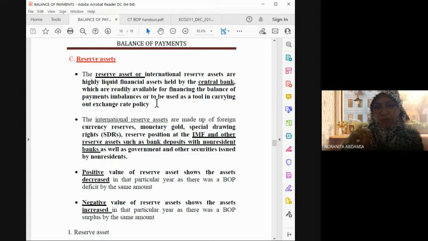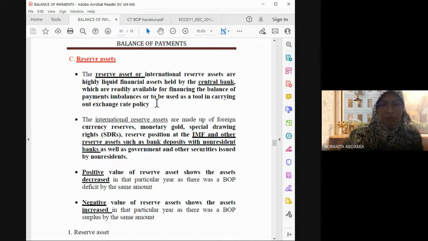Remember in the introduction I mentioned this BOP always has to be zero. Macam mana pun dia kena jadi zero, even though it's in imbalance situation, even though deficit with surplus, right, have to be zero at the end nanti. Alright, so these are the functions of the reserve asset.